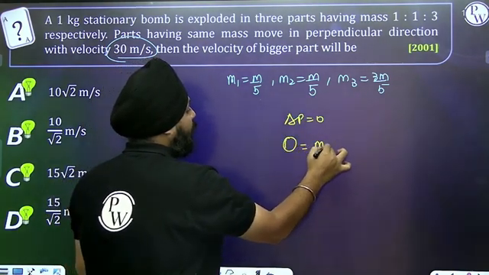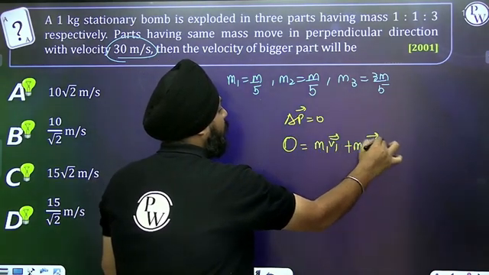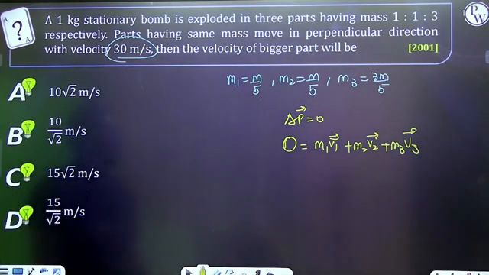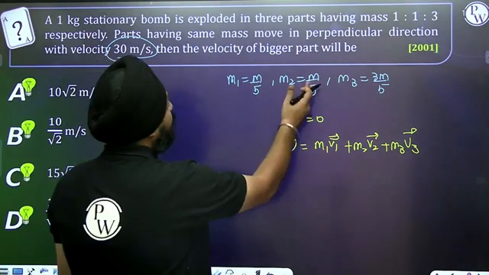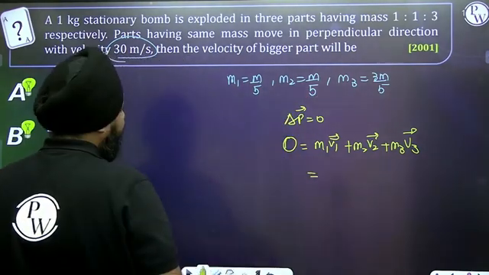Initial momentum is 0, final momentum is m1 v1 plus m2 v2 plus m3 v3. We need to calculate the value of v3. They are moving in the perpendicular direction with 30.